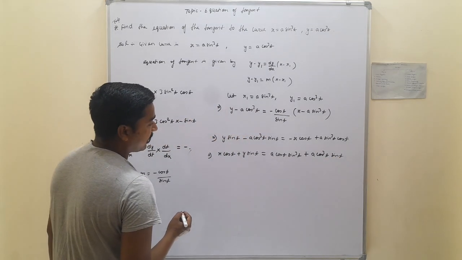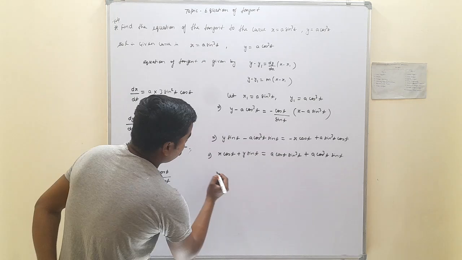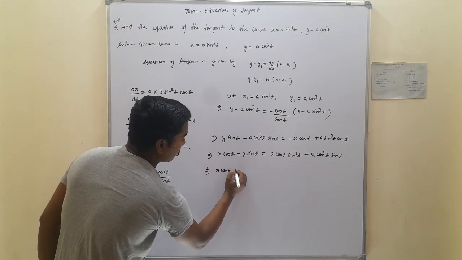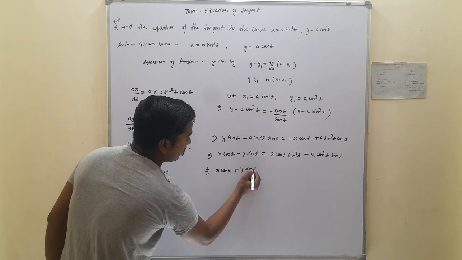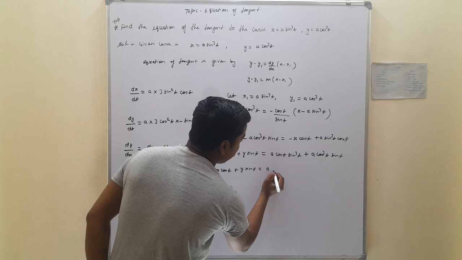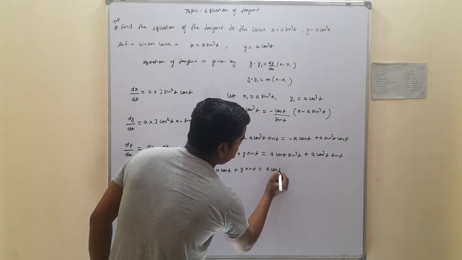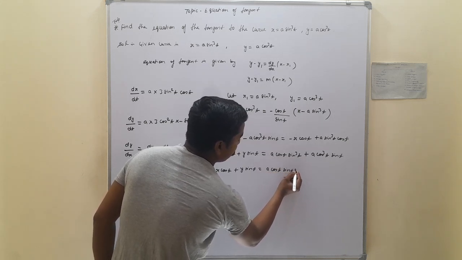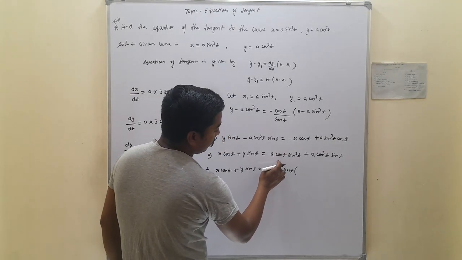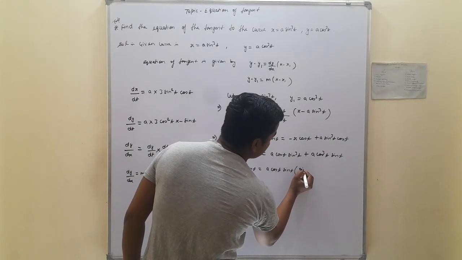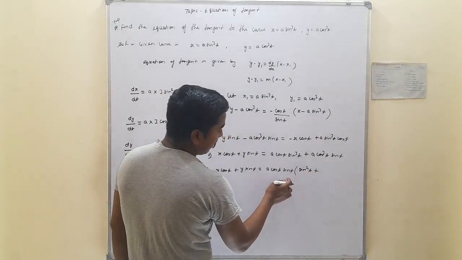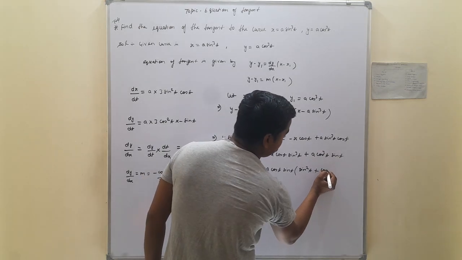Once again, we write x cos t plus y into sin t, and on the right we take a cos t into sin t common, which leaves sin square t plus cos square t.